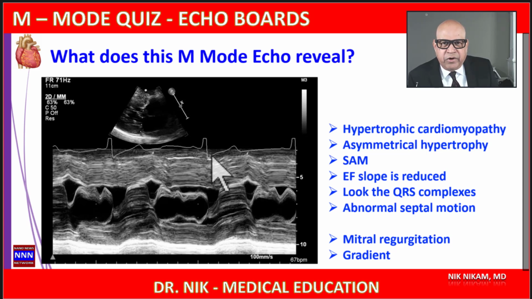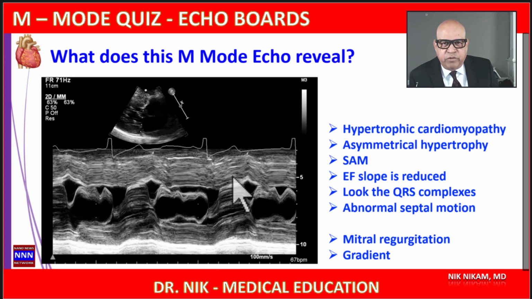There may be an abnormal sequence of activation of the left ventricle, which can lead to septal dyskinesis compared to the normal posterior wall motion. We're going to highlight that again when we come to a different tracing. But some of the findings in this particular tracing, there are a lot of them, that is increased thickness of the septum, much more than the posterior wall, even though the posterior wall is also extremely thick.